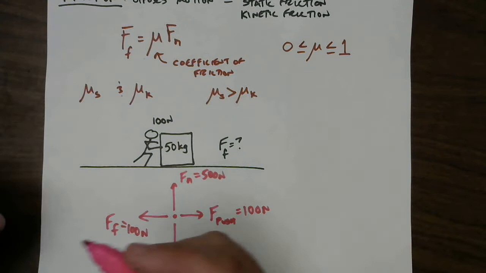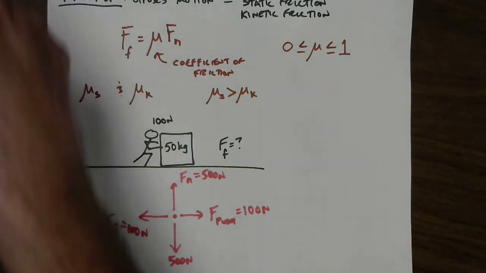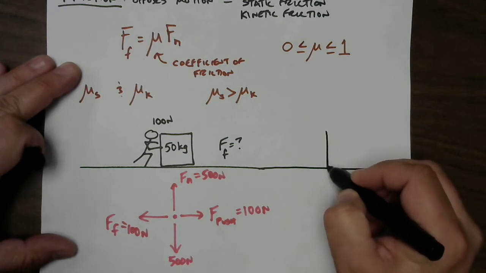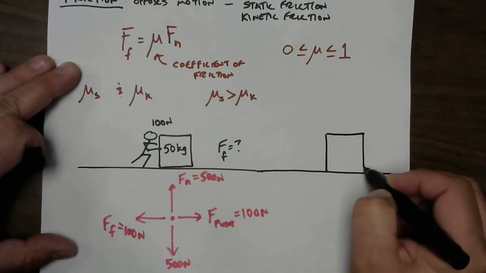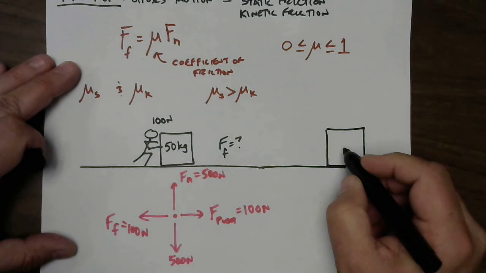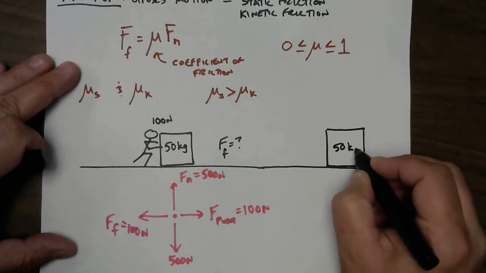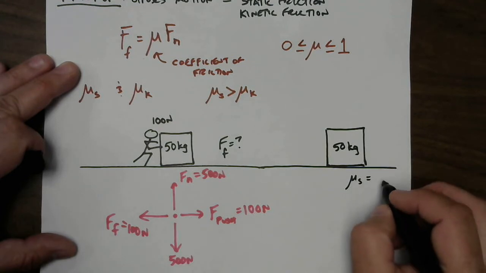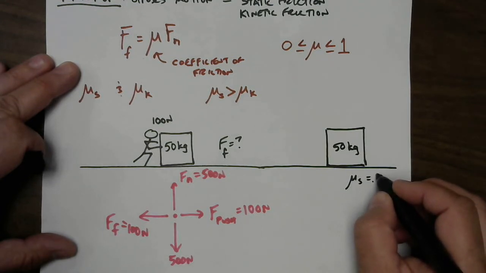Okay, the story goes on a little longer. I'm going to draw the same situation over here, and because the box didn't move, I'm going to increase my efforts. And let's just say that the coefficient of static friction is going to be 0.5.